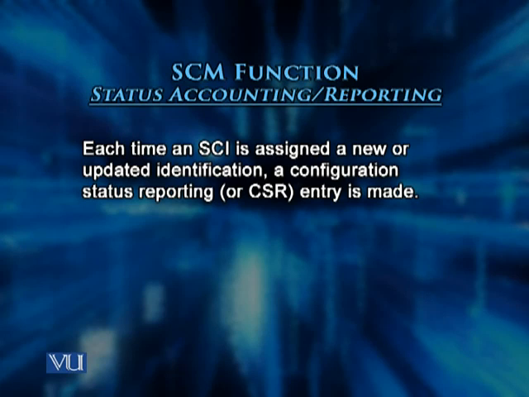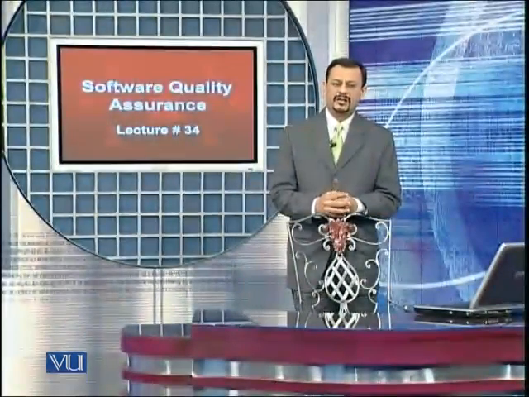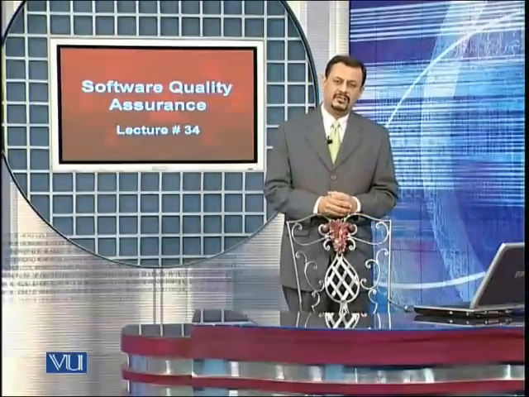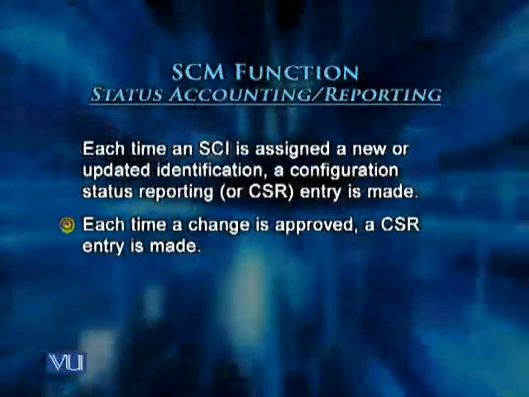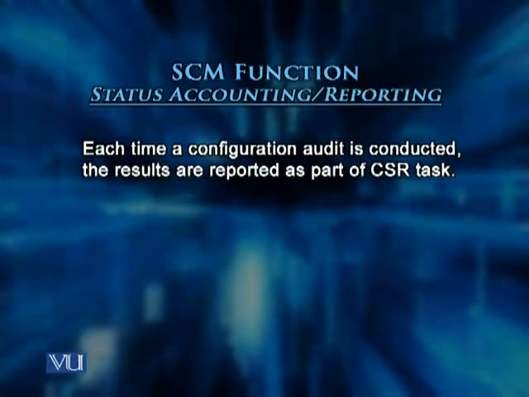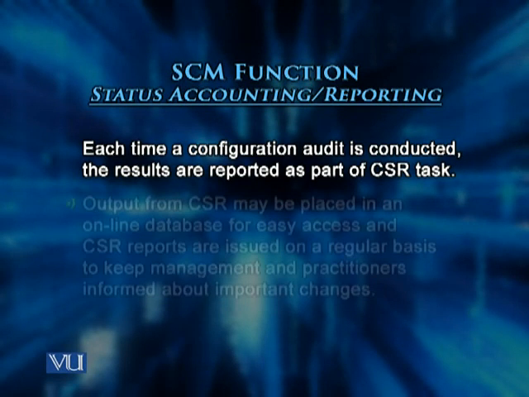So whenever there is a new SCI, or an SCI is updated with respect to its ID, an entry is recorded in the database. And each time a change is approved, a CSR entry is made. Whenever a configuration audit is conducted, the results are updated in the CSR task.